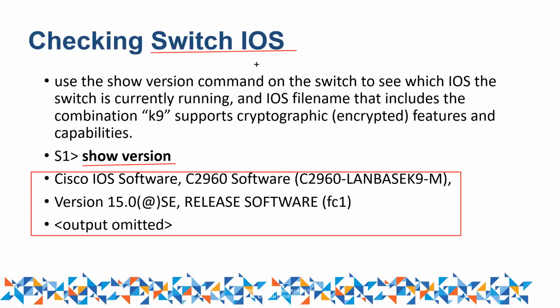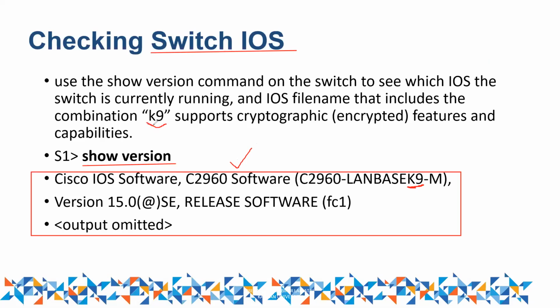So when the information of your iOS is displayed, you have to check for the K9 name, okay? See here, there's a K9. If your Cisco software has K9 in its name, then it means your iOS supports SSH.